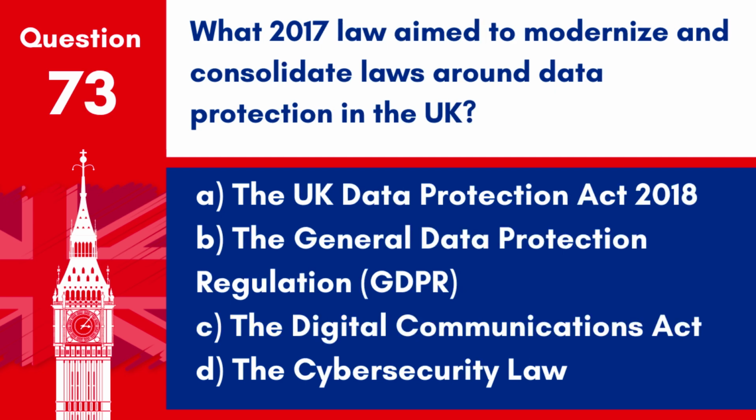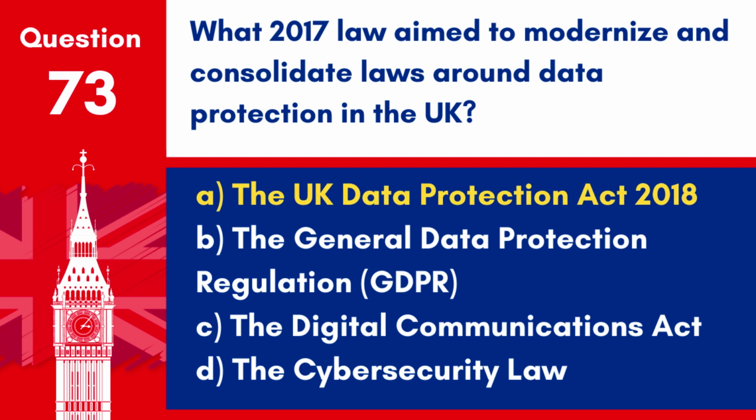Question 73. What 2017 law aimed to modernise and consolidate laws around data protection in the UK? A. The UK Data Protection Act 2018. B. The General Data Protection Regulation, GDPR. C. The Digital Communications Act. D. The Cyber Security Law.